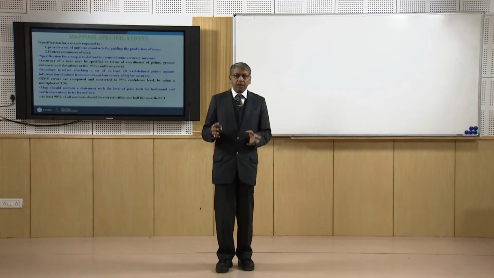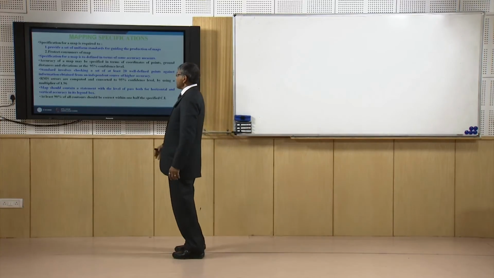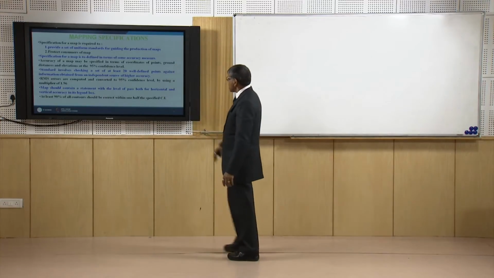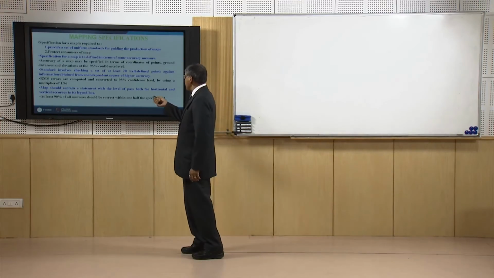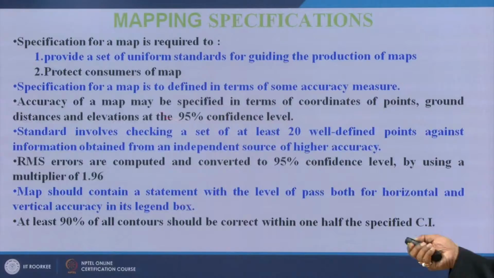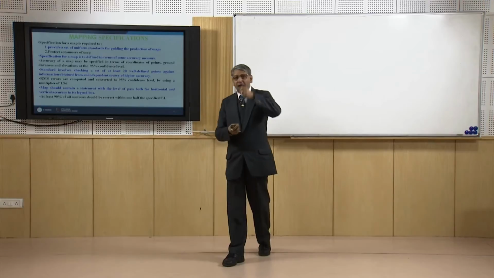With this background, specifications are required for a map, and the specification of a map is defined through some accuracy parameters or accuracy measures. The accuracy measure used for our map is the 90% confidence level. We know that in a map we have the coordinates of points, the distance between points and the height of points.